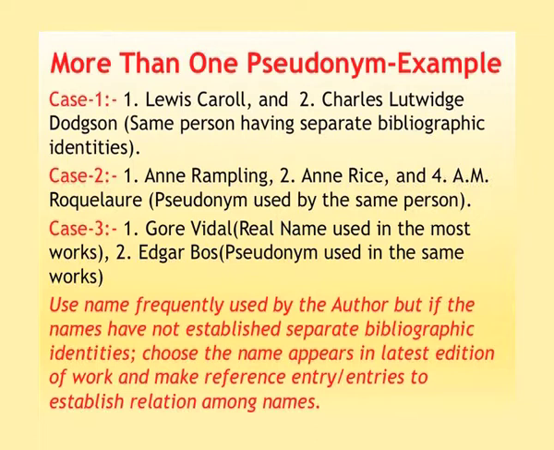Case 3 is Gore Vidal, the real name used in most works, and Edgar Box, a pseudonym used in the same work. Here the person uses a real name and a pseudonym. So, use the name frequently used by the author, but if the names have not established separate bibliographic identities, choose the name that appears in the latest edition.